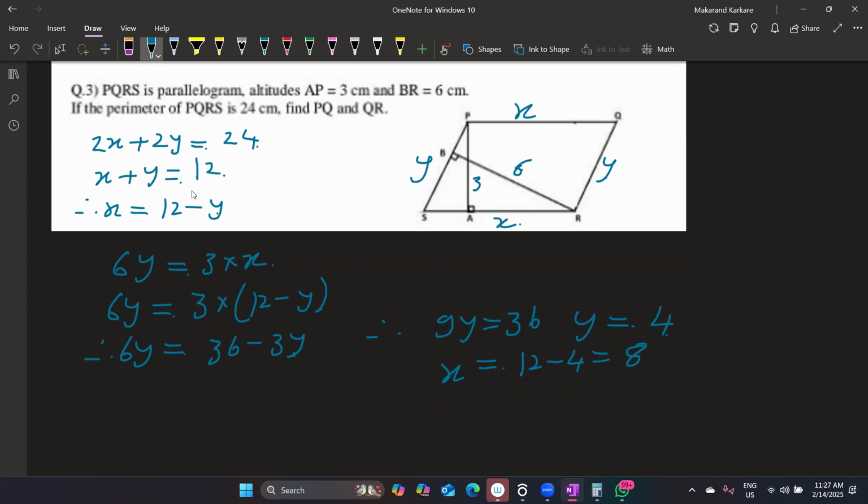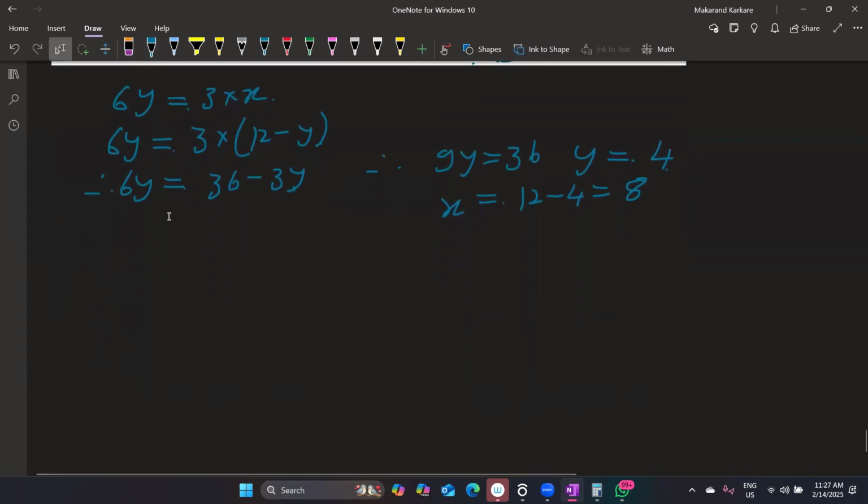See, we have solved one exactly like this. Essentially, this is the base into height, is it not? So y into 6 is the area of the same parallelogram, which is x into 3. Haven't we done that? h1 into x1 is equal to h2 into x2. See, suppose this is a parallelogram.